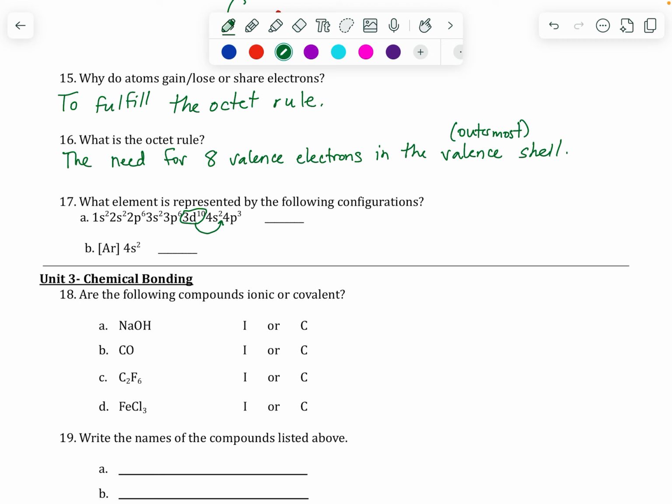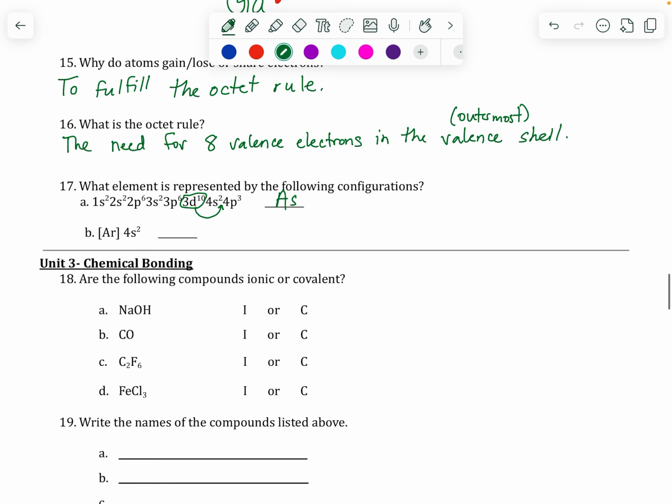But either way, we really just need to know where this thing ends, and we see that it ends at 4p3. And so to identify what element that is, we see which one is 3 into the 4p sublevel, and we find that to be As, or arsenic. And then we can do the same thing here. We notice that the noble gas that represents a bunch of electrons is argon, which would actually be the same for up here if we wanted the noble gas version of the configuration for arsenic.